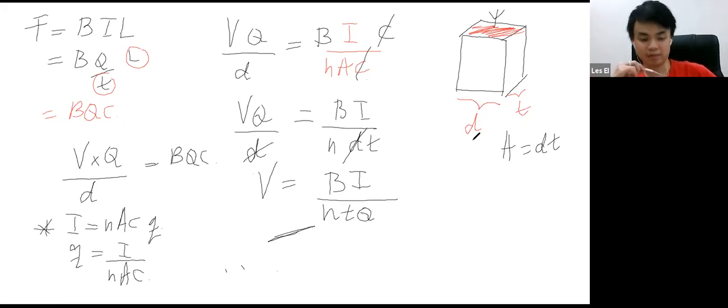It will be confusing if I write the term as V also, so I decide to write it as C. So you got a new formula now, B times Q times C. Just now you have a magnetic force, and the magnetic force you replace already with BQC. And then the electric force is V times Q over D. You remember about the mean drift velocity?